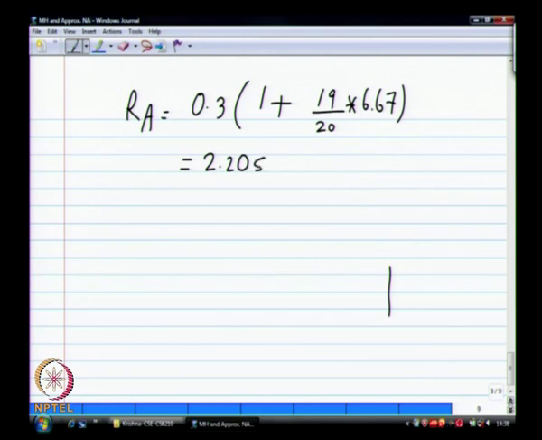So in the book the values are correct, but the expression is not correct. Okay. The same as before. So what is this going to be? 2.2 into 2 by 3, 4.4 by 3, 1.467, so 1.47.